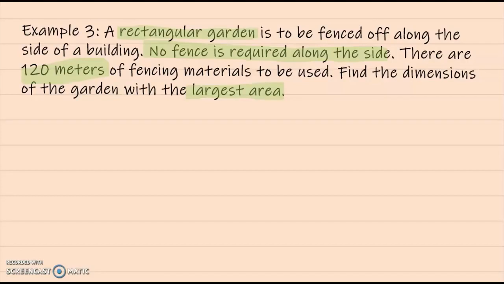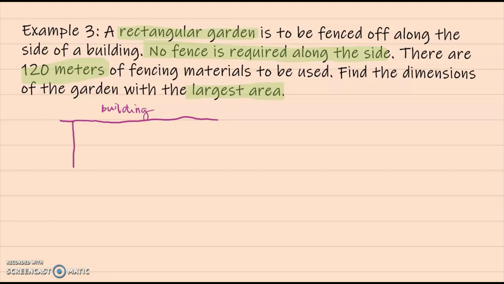Before we start with our computations, let's first draw our garden. Our garden is rectangular and it's fenced off along the side of the building. So let's have this part as the building.